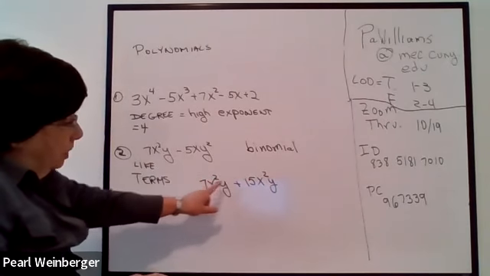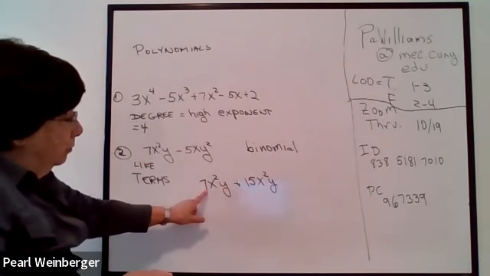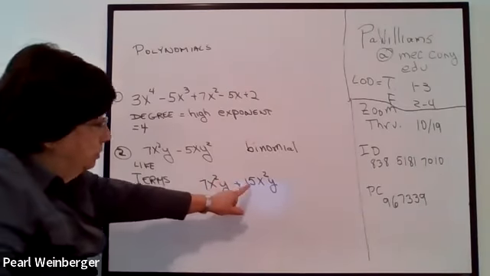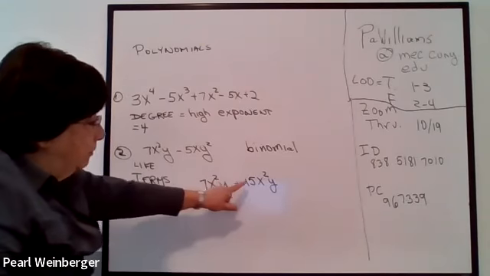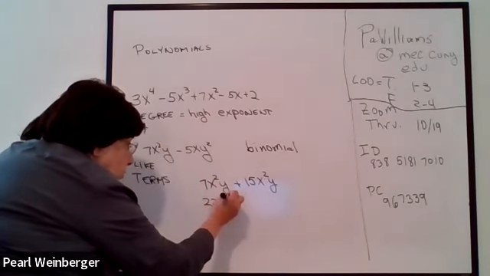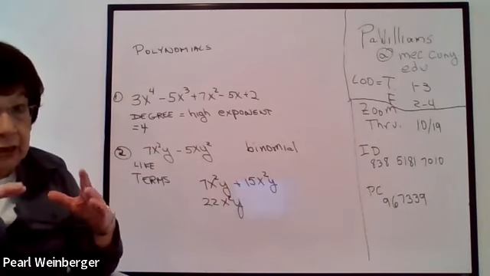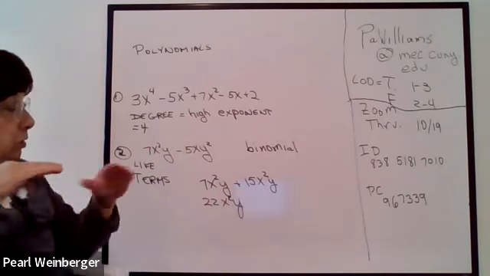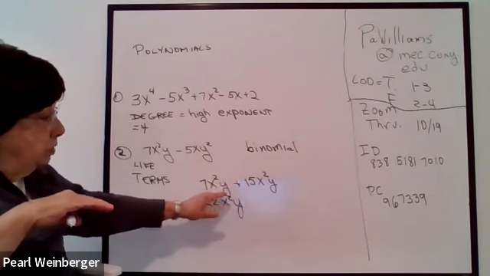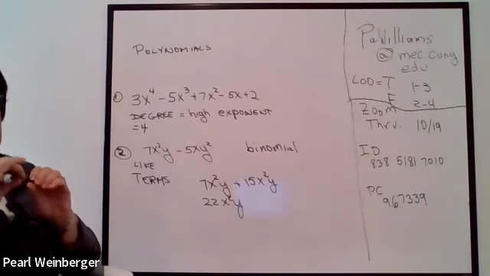Depending on what the sign is, we either add or subtract the numbers in front. This is a 7x squared y plus a 15x squared y. We add the 7 and the 15, and we get 22x squared y. Notice when we are combining, which means either adding or subtracting polynomials, we only add the numbers in front. We don't change the letters.